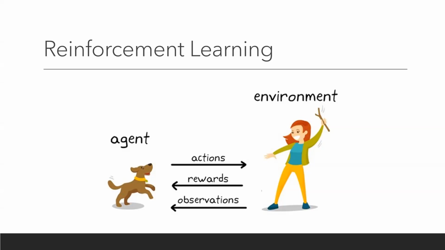We give food for the good action, and if the dog does something wrong, then we try to avoid giving the good stuff, or just punish him. That's the negative reward, that's what we call it in reinforcement learning terms. So I hope everyone is clear about what reinforcement learning is, beside supervised and unsupervised learning.